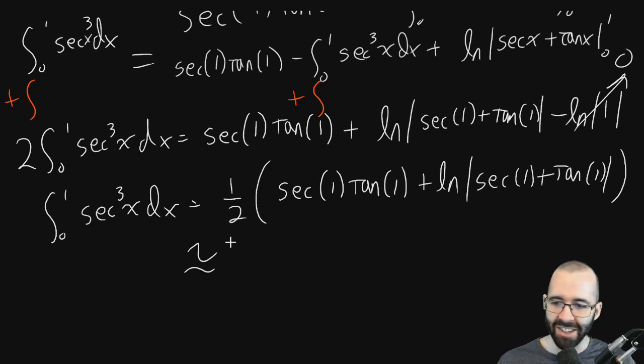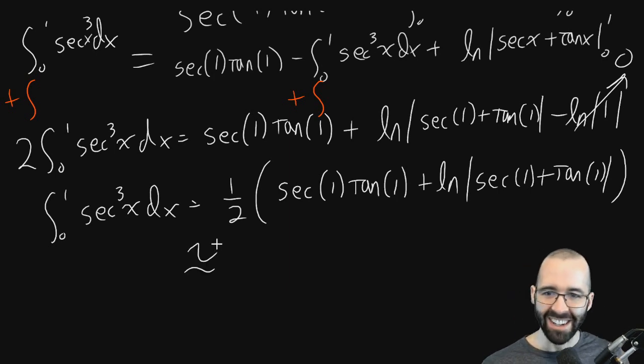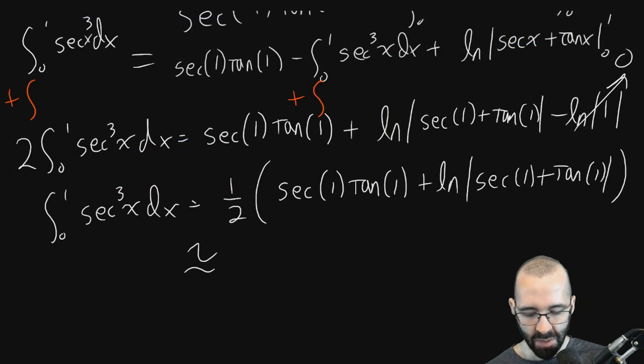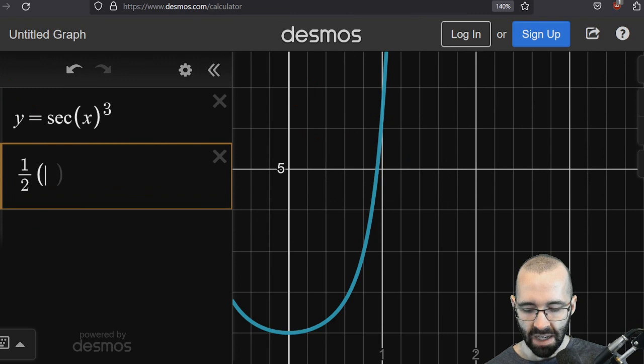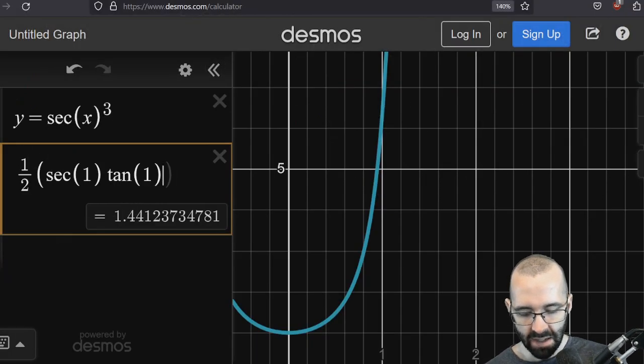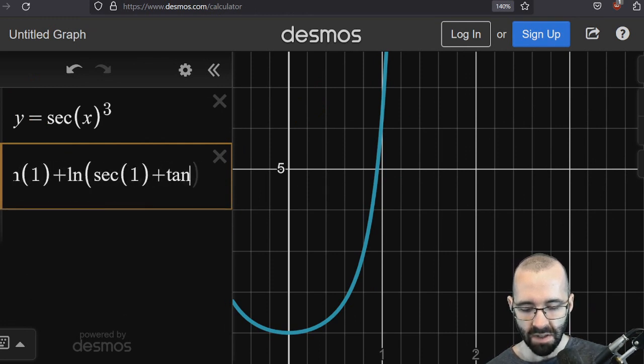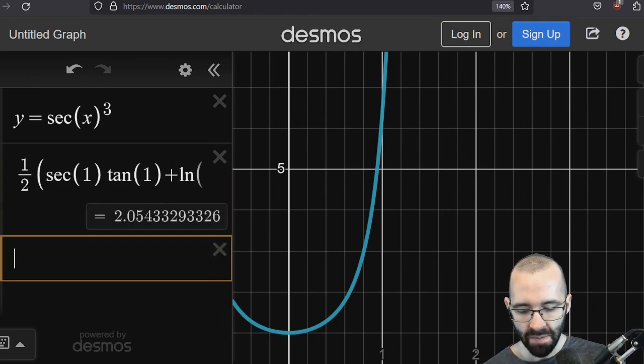Let's check this with a calculator and see if I'm right. All right, so get a decimal approximation. 1/2 secant of 1 times tangent of 1 plus the natural log of secant of 1 plus tangent of 1.